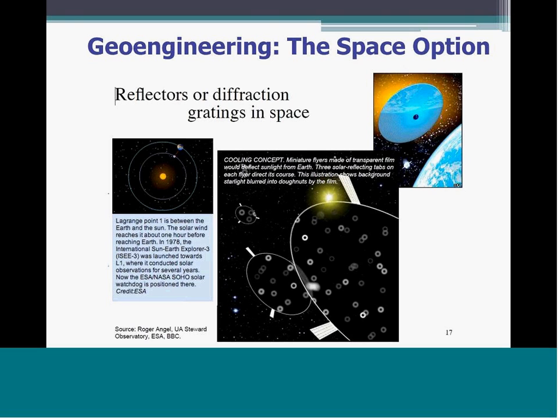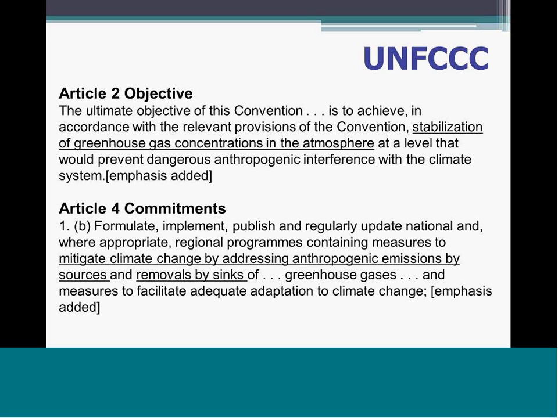And the argument that you can make here is that if you look at the treaty, it really talks about stabilizing greenhouse gas concentrations, right? And it talks about mitigating climate change by reducing emissions, right, and removing them by sinks. Well, a carbon dioxide removal scheme is clearly regulated under the Framework Convention, right, because it's really a removal or a creation of a sink.